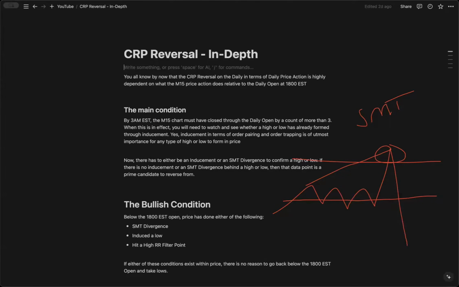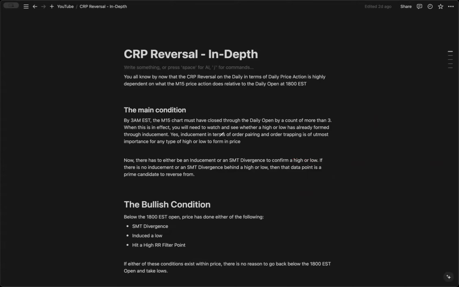Now, inducement is in terms of order pairing and order trapping, as I just mentioned. So it is very important for any type of high or low to form in price for there to be some form of order pairing and or order trapping. So there has to either be an inducement or an SMT divergence to confirm a high or a low.